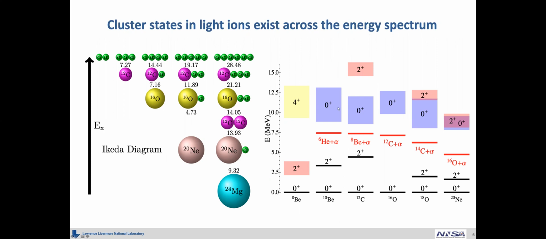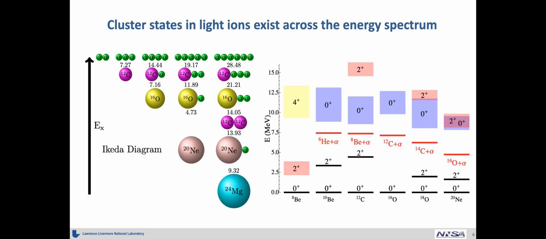There are other states higher up in the spectrum which are particularly broad, so they saturate all the alpha width for that decaying state. So we know they are clustered, but the question is, how do they survive? As an example, again, in 12 carbon, you have a state that is 5 MeV above threshold approximately, but then it has a large alpha width.